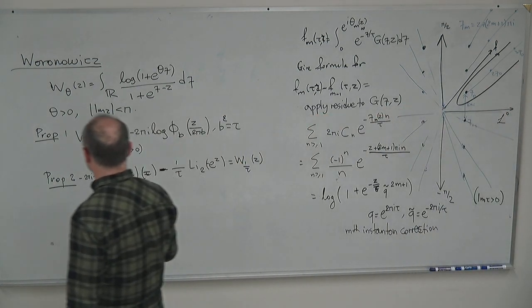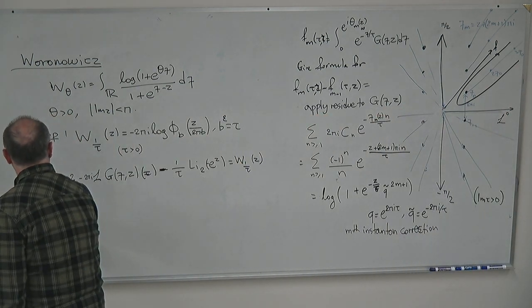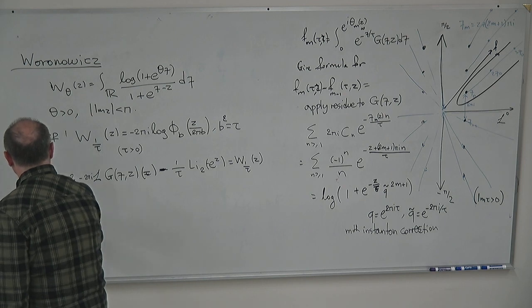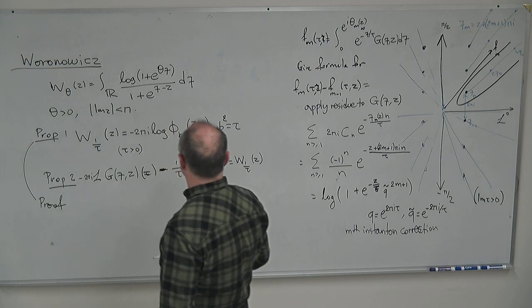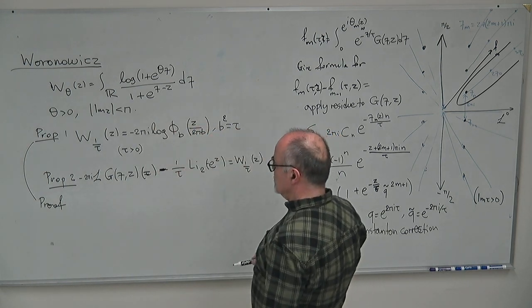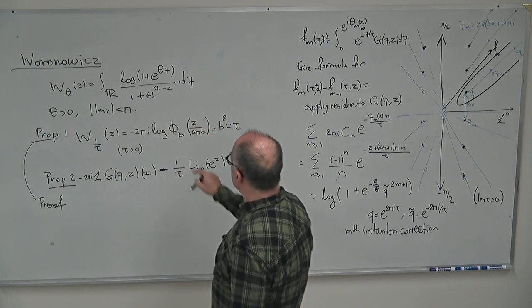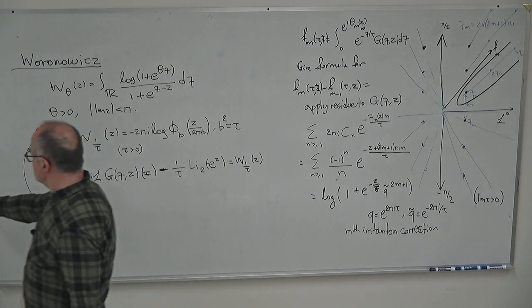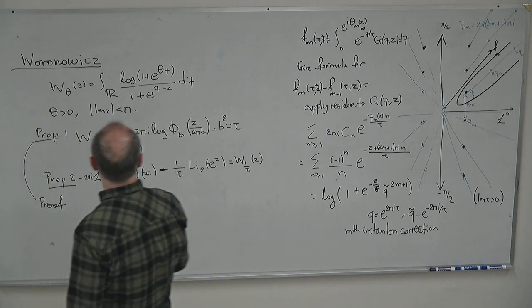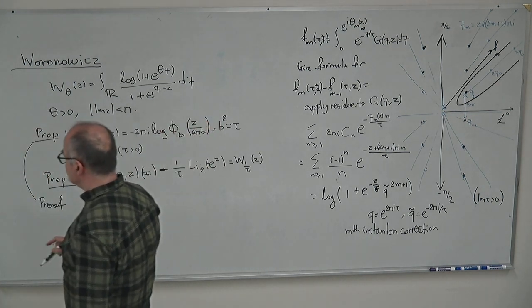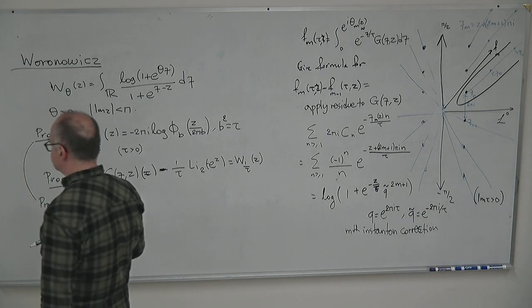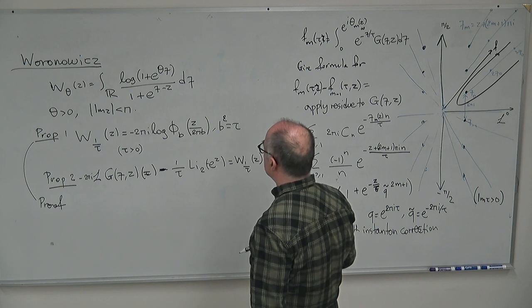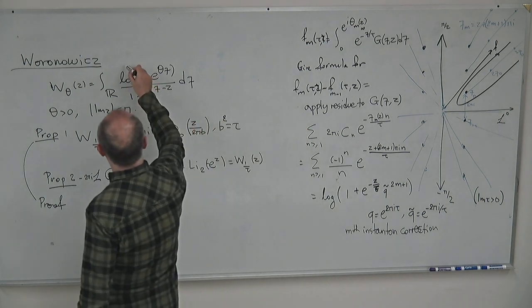Okay, so how do you prove 1? So if you look at this and you look at this, what do they have in common? They are sort of the integral... what do they have in common? There are two functions here.